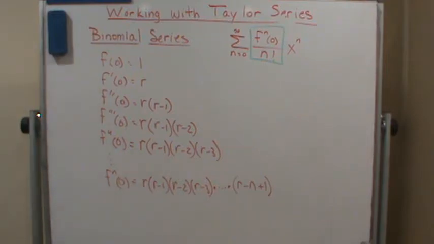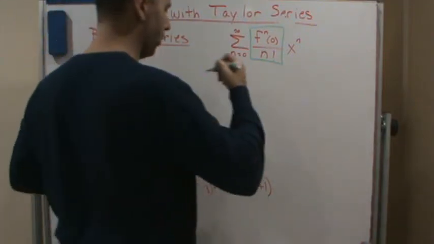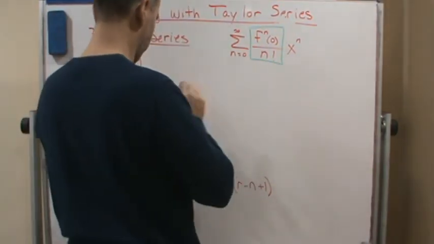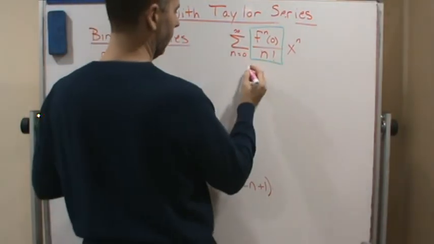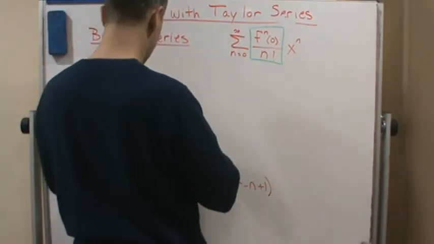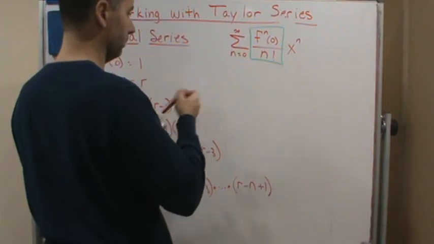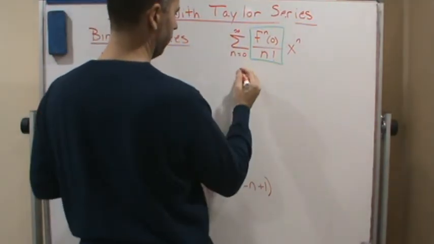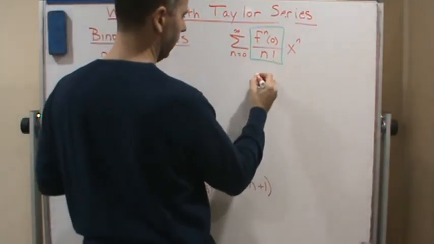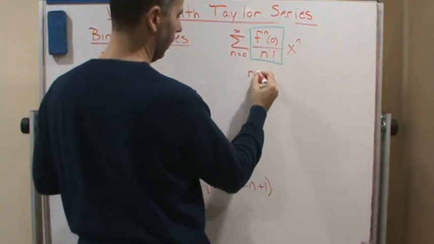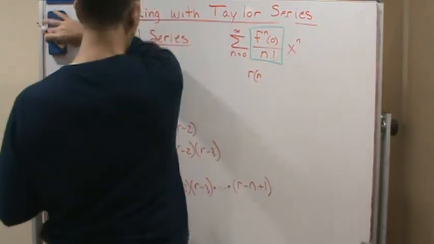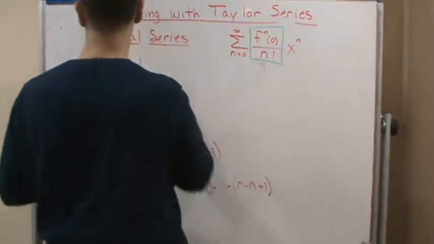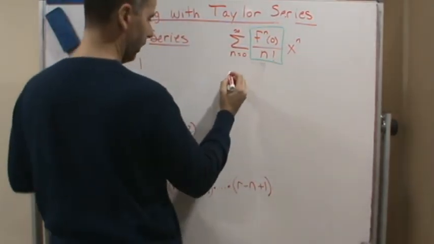Okay? So now what does that equal? Well, it's just going to equal this, right? So the binomial coefficient is going to be given by r times, let me write this a little better.